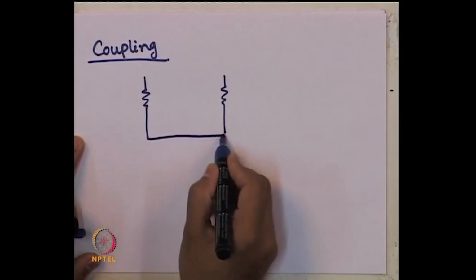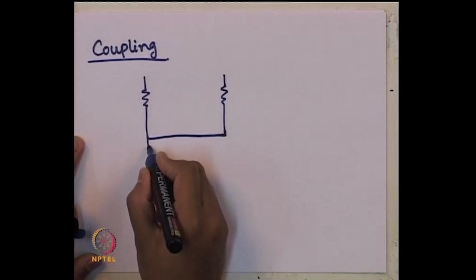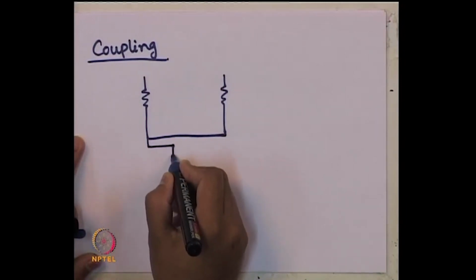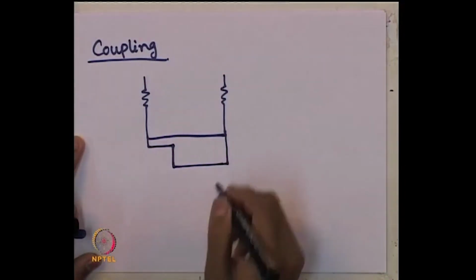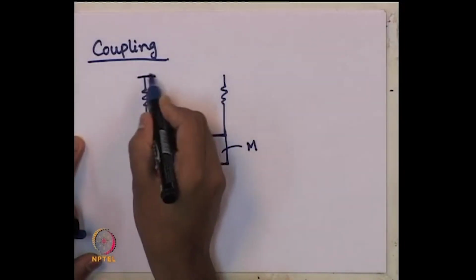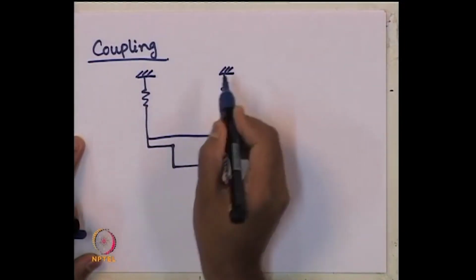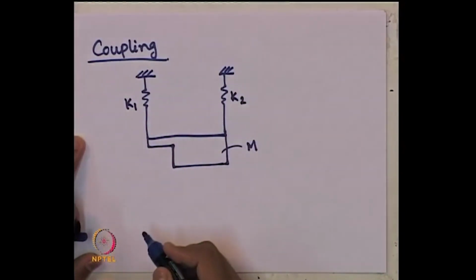Let us take a simple problem of a rigid beam with varied cross sectional area, which has a mass of capital M, attached to two springs, say K1 and K2.